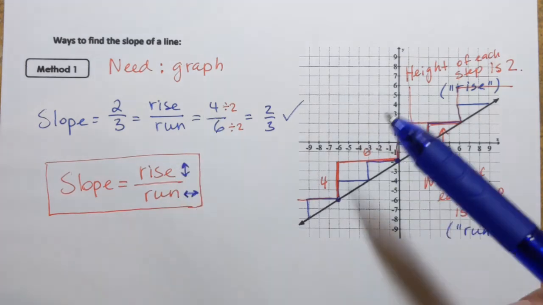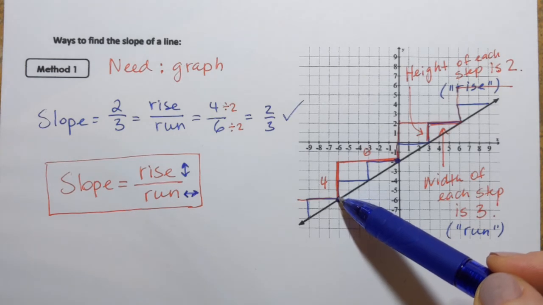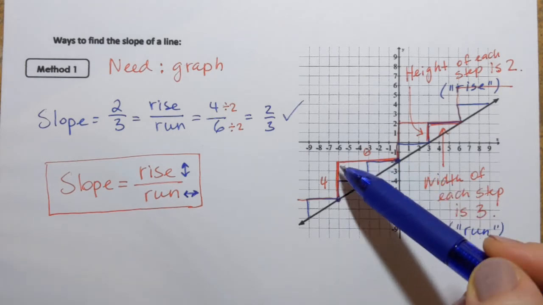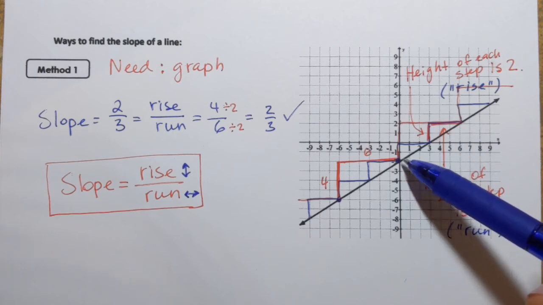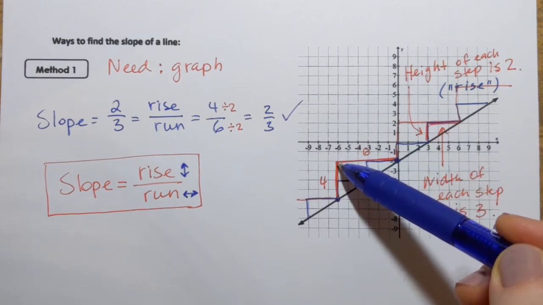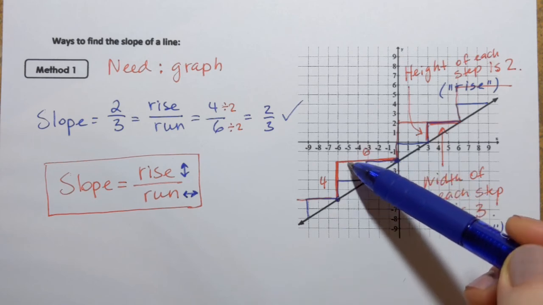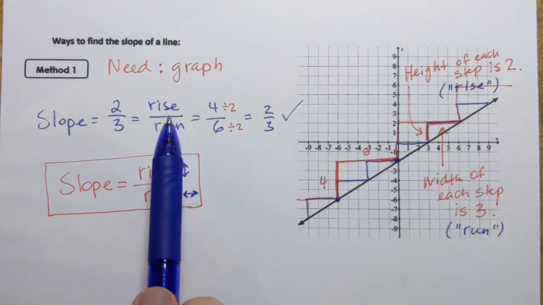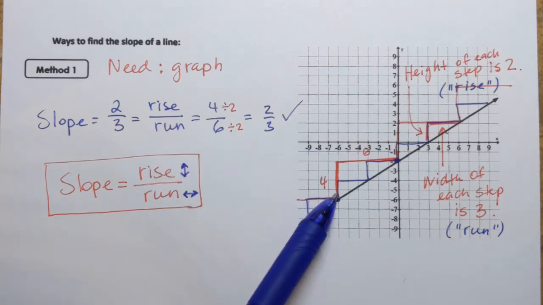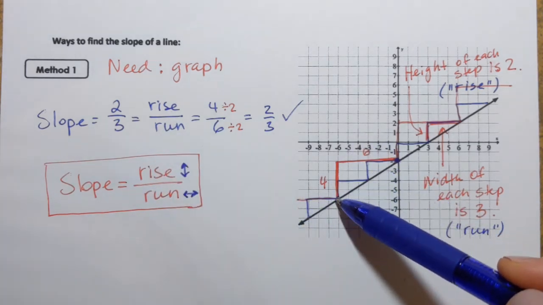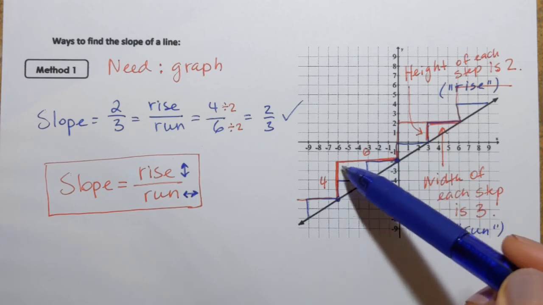Well, notice that when I describe this process, I said that you can go either up or down, right or left. And that's true because I could start here at this point and then go left and then down. So first run and then rise, even though the numbers I still put in that same order, rise over run. But what's going to be the difference when we go up versus down or right versus left?